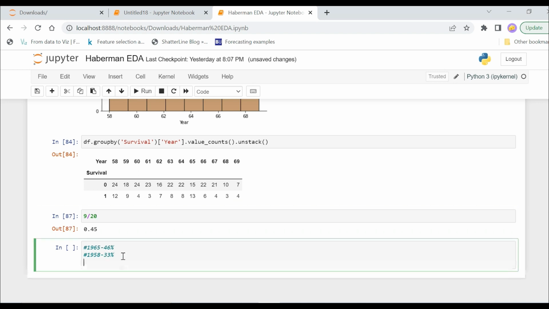Around 45 people have died in 1959. 45% people have actually died.